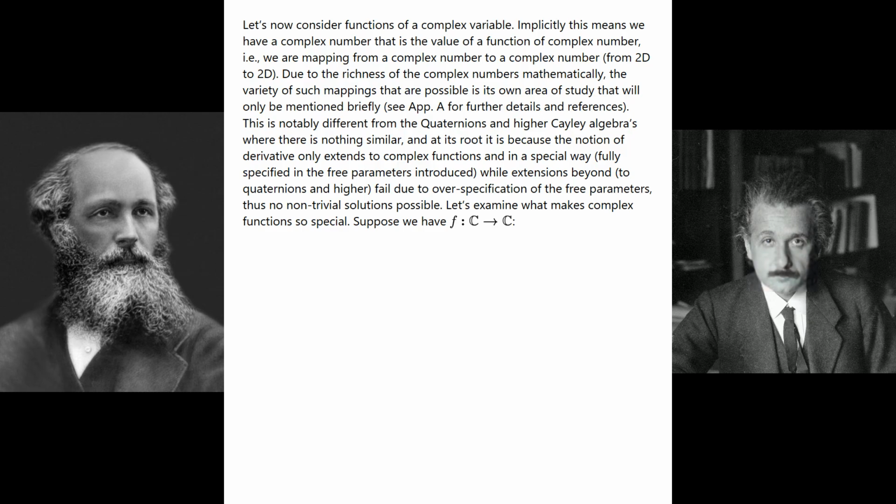Implicitly, this means we have a complex number that is the value of a function of a complex number, i.e., we are mapping from a complex number to a complex number, from 2D to 2D. Due to the richness of the complex numbers mathematically, the variety of such mappings that are possible is its own area of study that will only be mentioned briefly. See Appendix A for further details and references.